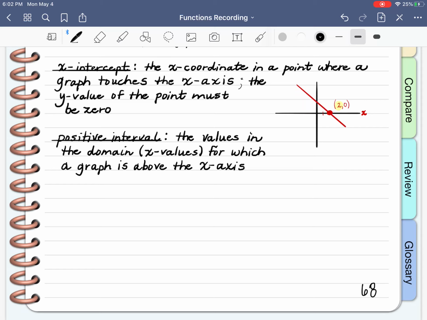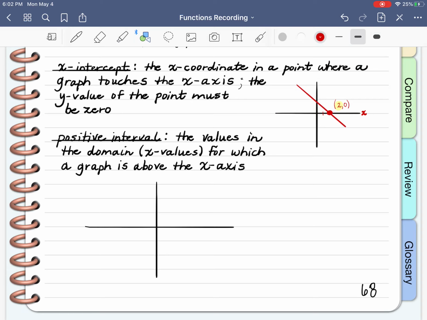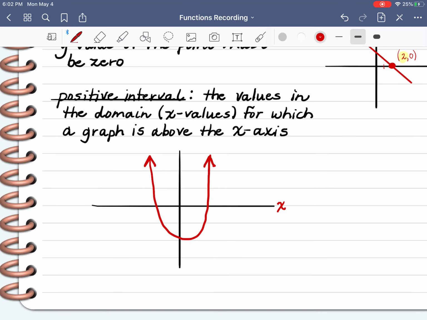So here is another example. Let's sketch a coordinate plane, and this time I'm going to use a parabola. We're going to use a quadratic graph that opens upward. So I'm going to sketch my parabola right in there. So something like that. Okay, so we know this is the x-axis, and we're looking at those values of x where that graph is above the x-axis.